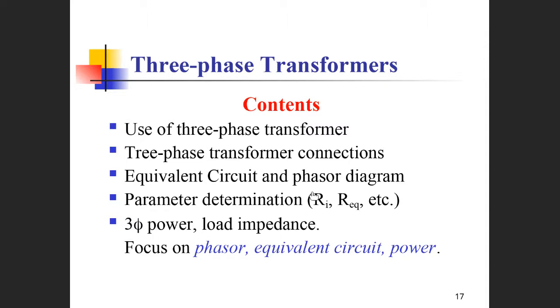So how do we determine the parameters by doing tests? Actually, it is very similar to the open circuit and short circuit tests. The difference is that when we do the test, we get the three-phase input and output parameters. Based on those parameters, we can calculate or estimate the equivalent circuit parameters.